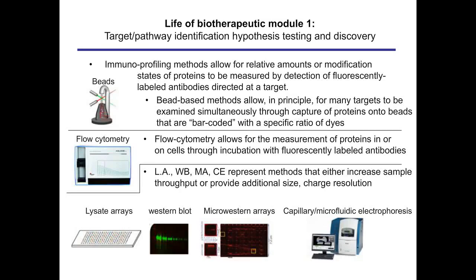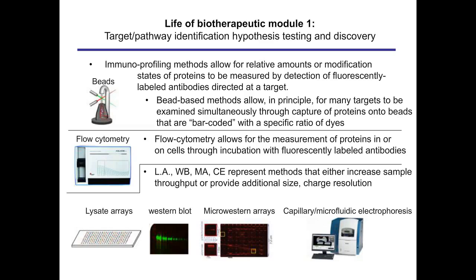The next phase we have newer methods, including bead-based methods in which many proteins can be examined simultaneously. Because these beads are barcoded with dyes that have a specific ratio of dyes, these ratios allow one to know the identity of the protein under examination.